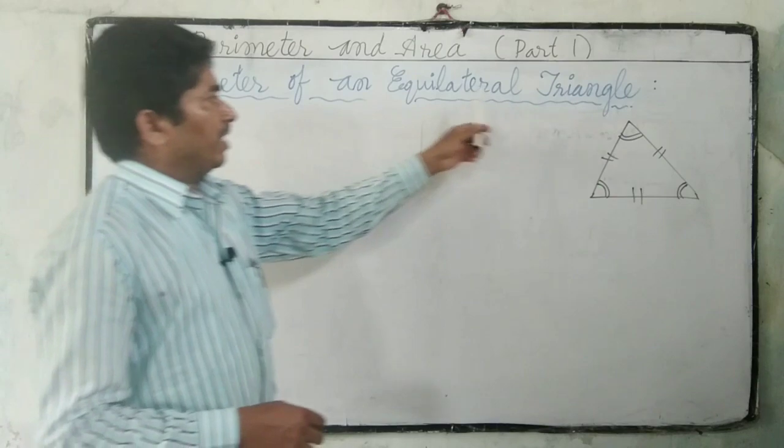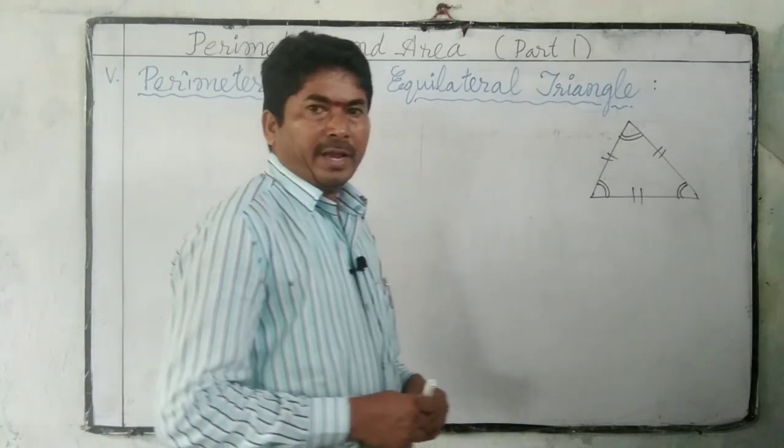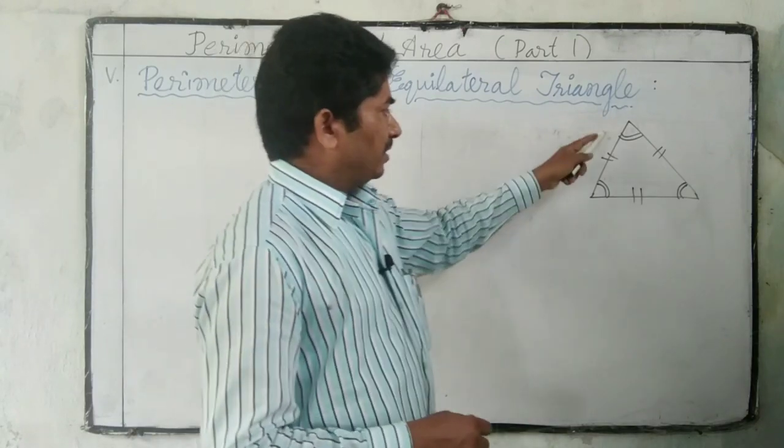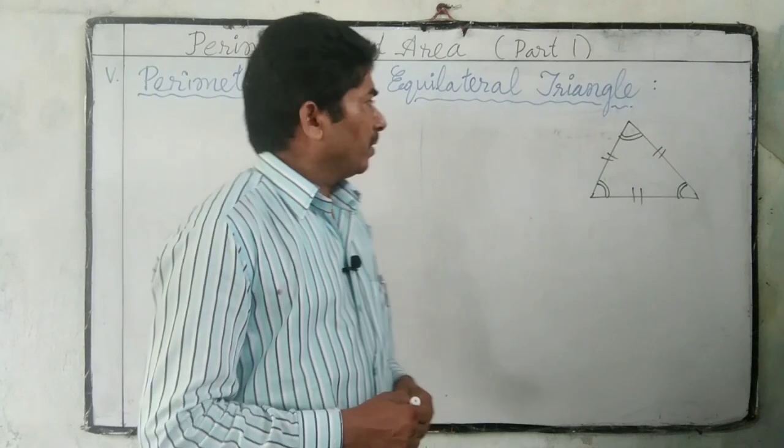Perimeter of an equilateral triangle. We know in an equilateral triangle, all sides are equal and all angles are also equal.